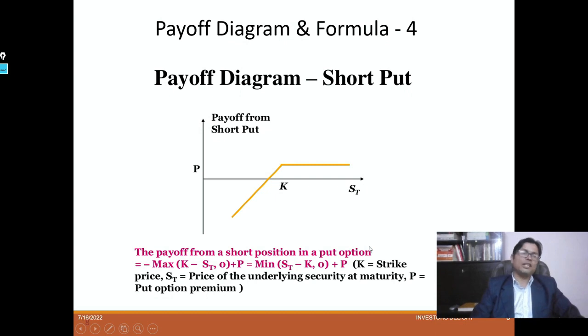One difference between buying and selling, let me tell you, is that when you buy a call or put option, you are able to buy it easily, because you only have to pay the premium.